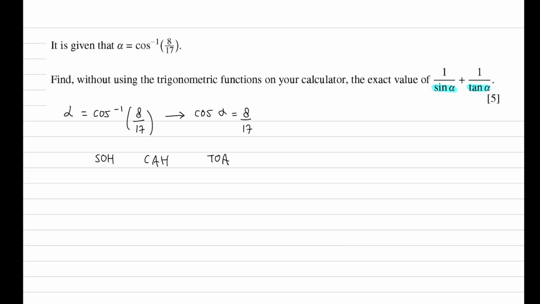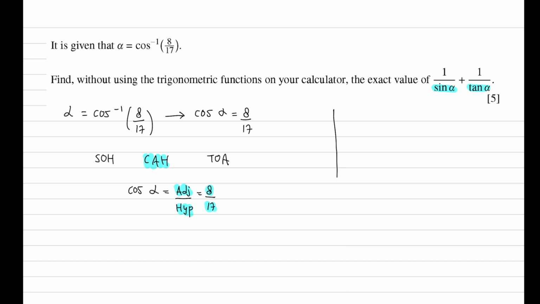We have cosine here, so we can use the formula of cosine. Cosine alpha equals adjacent over hypotenuse, so that equals 8 over 17. So from here we get adjacent is 8, hypotenuse is 17.